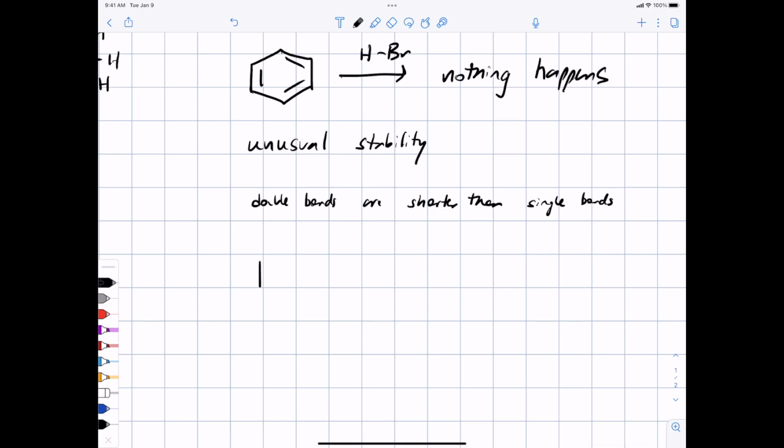Nevertheless, benzene's structure is not, and I wish I had the numbers in front of me, short double bond, long single bond, short double bond, long single bond, short double bond, long single bond. In fact, all of the bonds in benzene are equal in length.